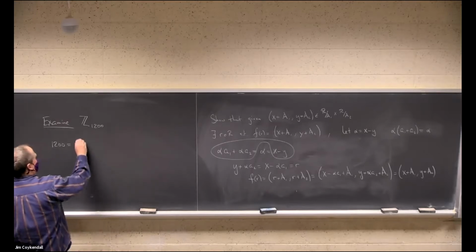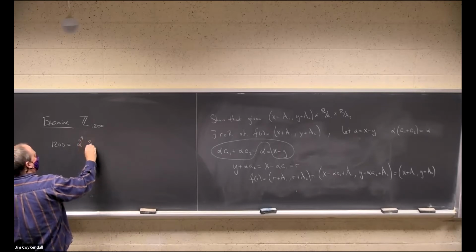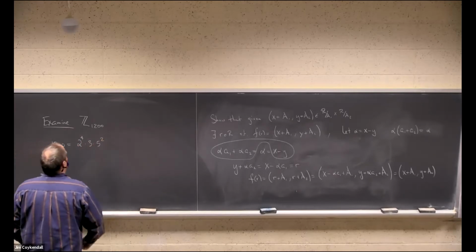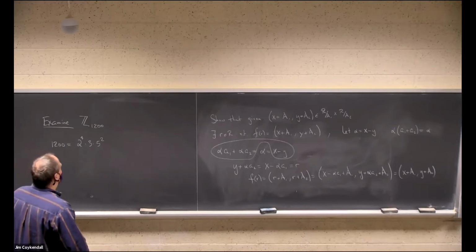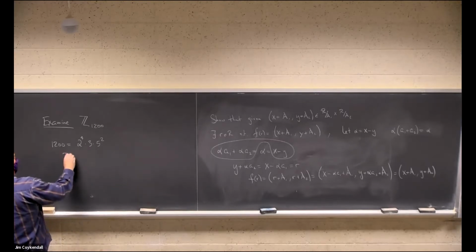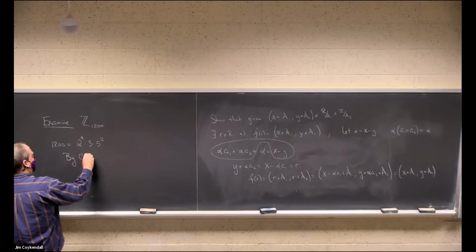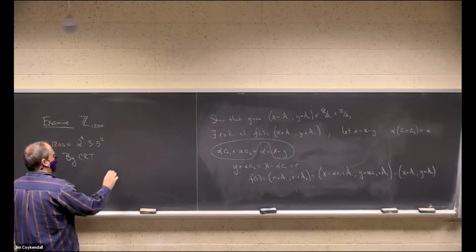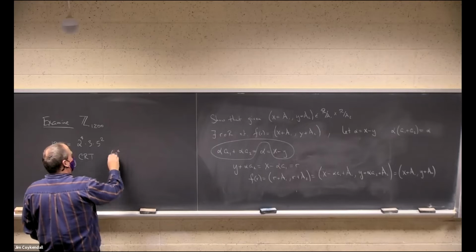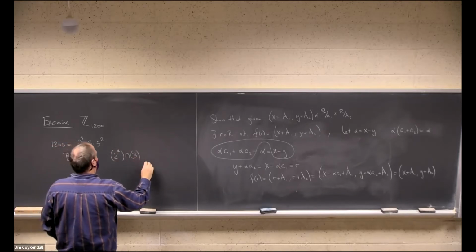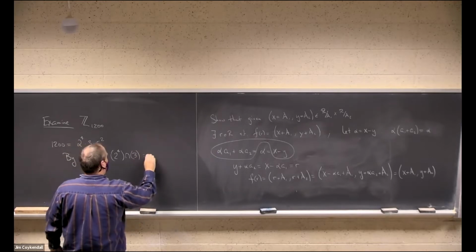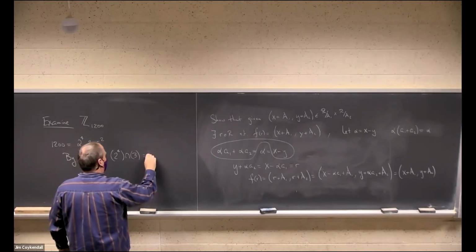By the Chinese remainder theorem, notice that the ideal 2 to the 4th intersect 3 intersect 5 squared equals 1200.